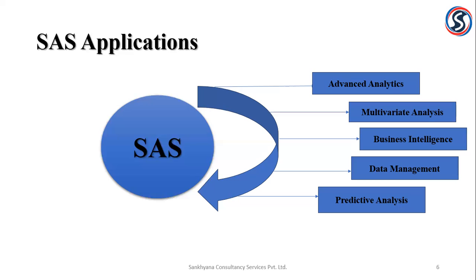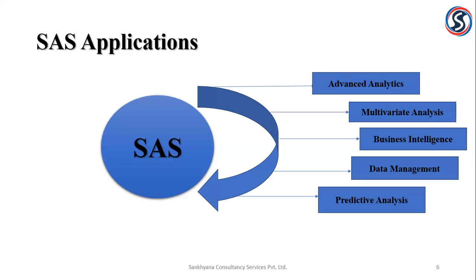In the government and the public sector, SAS provides a wider range of data security, so it is also used there for fraud detection or for policy analysis. In telecommunications it is also used. In manufacturing, we use SAS for predictive maintenance and quality control.